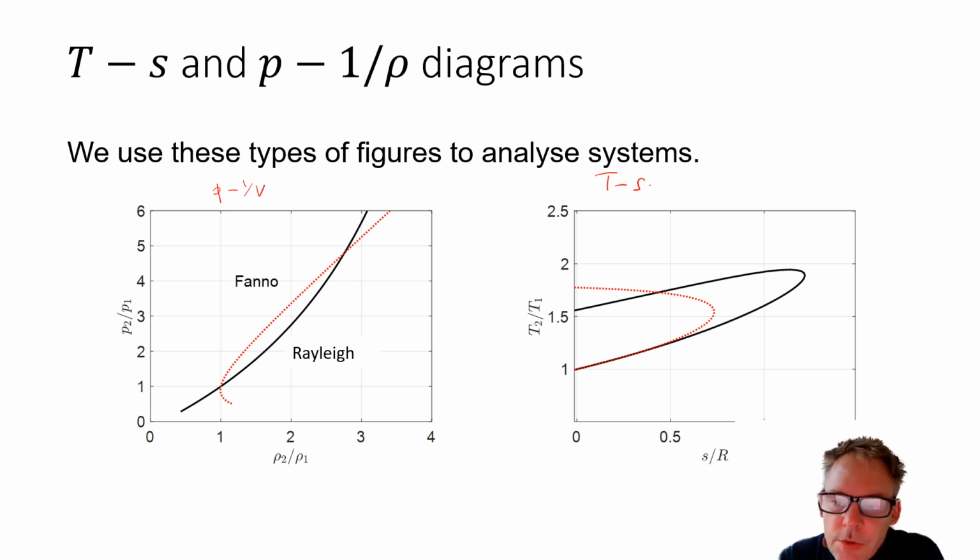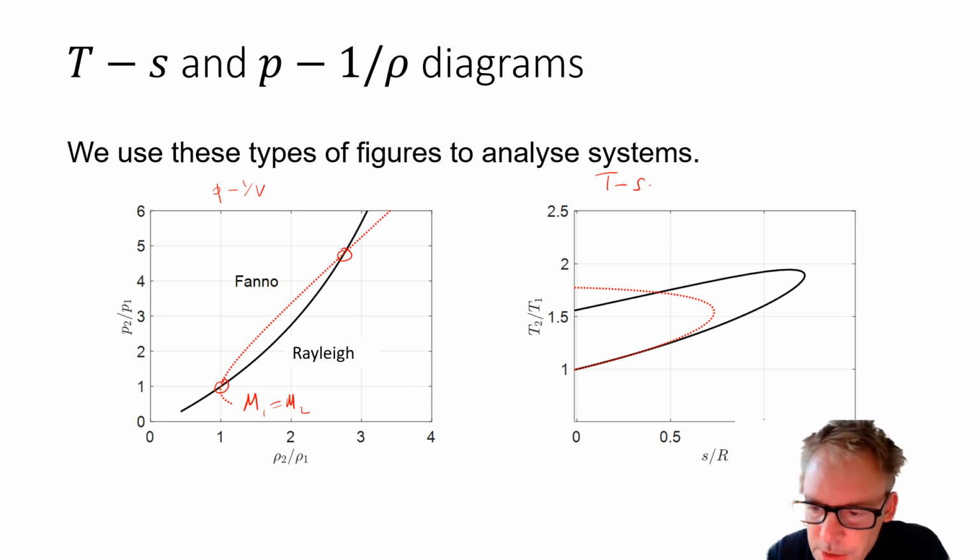This shows the two solutions from the Fanno and Rayleigh lines plotted, and the intersection of both of these gives rise to the two solutions. One of those solutions that we just discussed is the case with M1 equals M2. Again, that seems a trivial solution, but it elicits something like a very weak shock wave. Very important when we look at expansion fans in lecture 3.